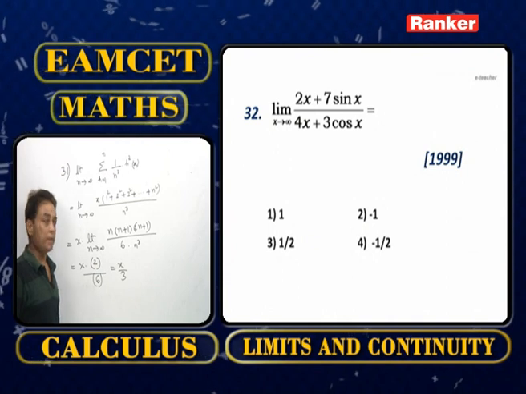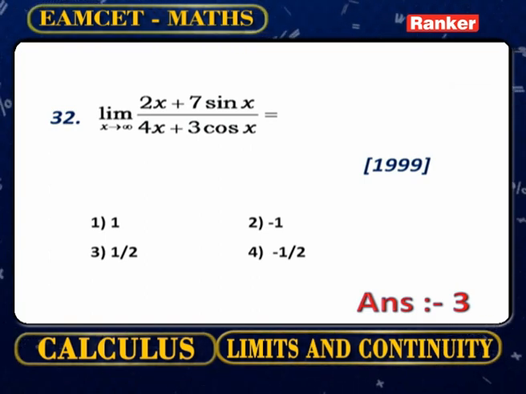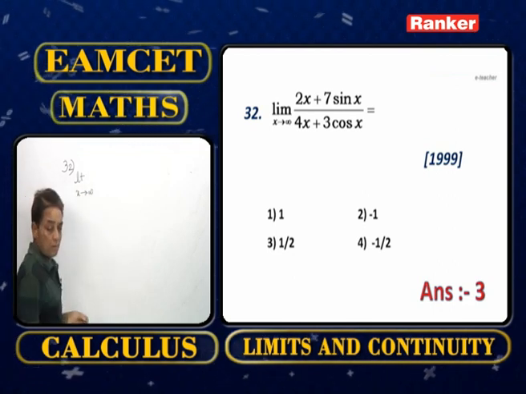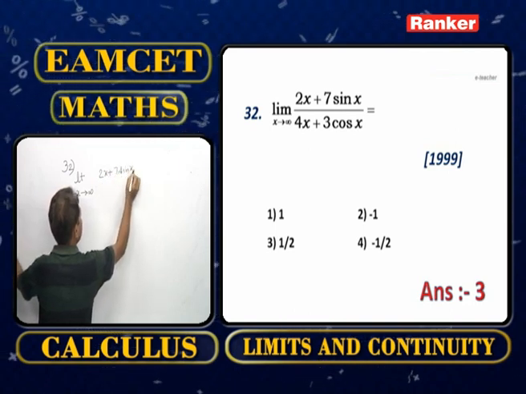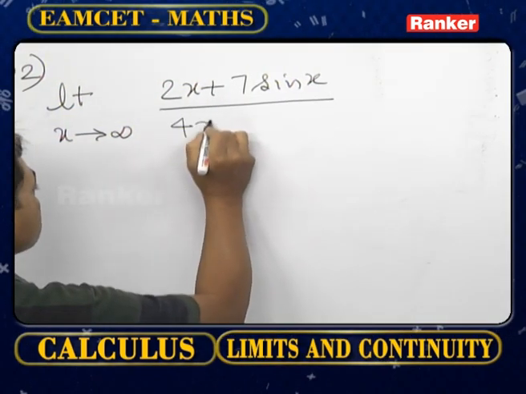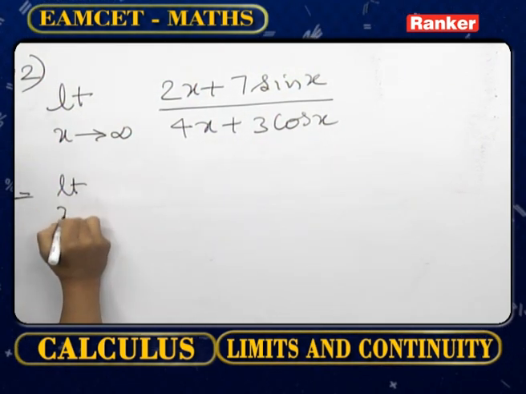Now, question number 32. Let us see what is question number 32. Limit x tends to infinity of (2x plus 7 sin x) by (4x plus 3 cos x), right. Now, what do we do?